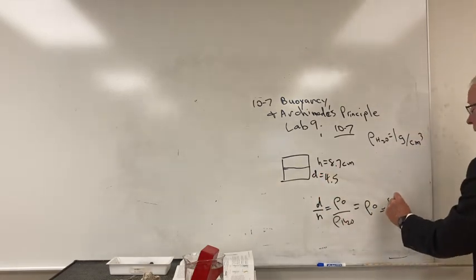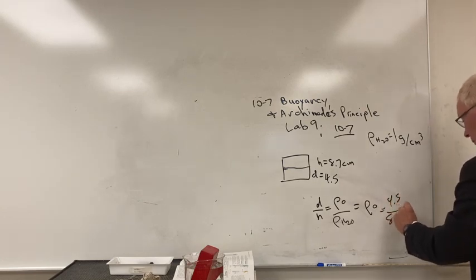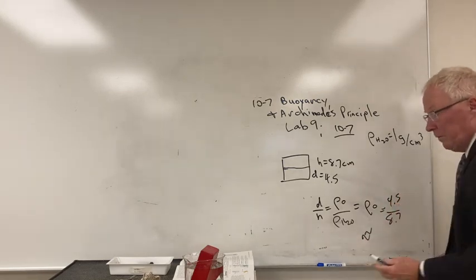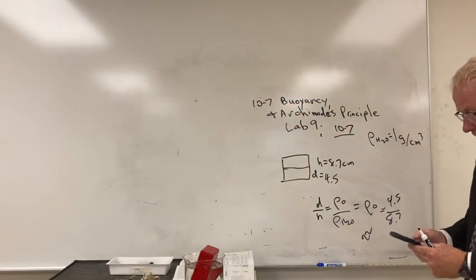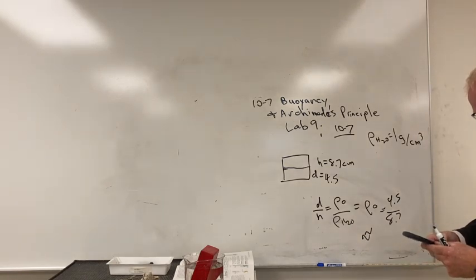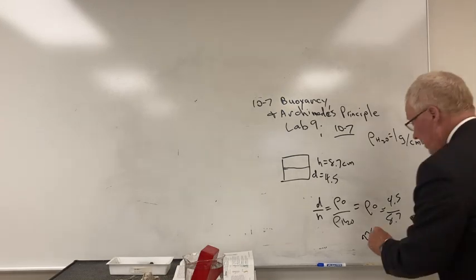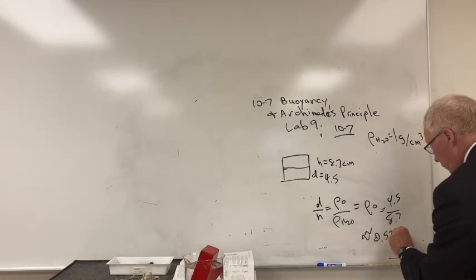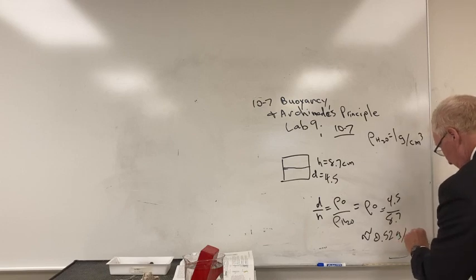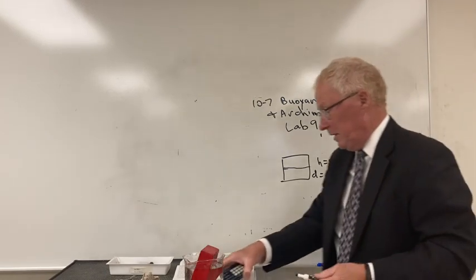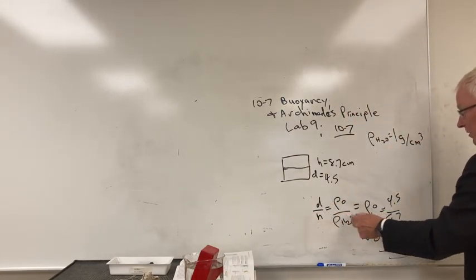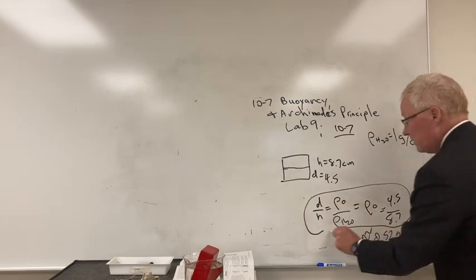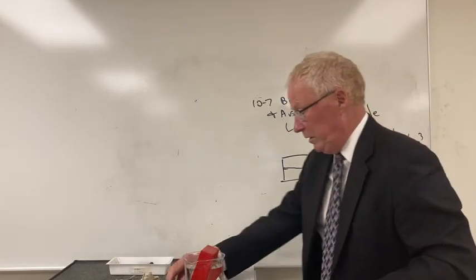So this would be 4.5 over 8.7, or roughly, let's get exact since I have a calculator, 0.52 grams per cubic centimeter. So that's how you measure the density. It's the depth divided by the height of the object that will give us the density. And that is how you find the density of an object that weighs less than water.